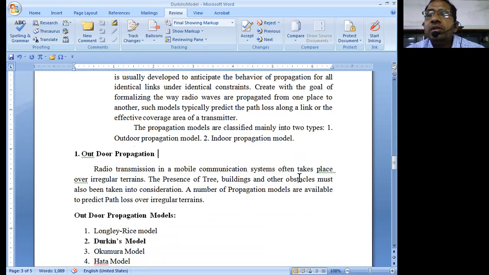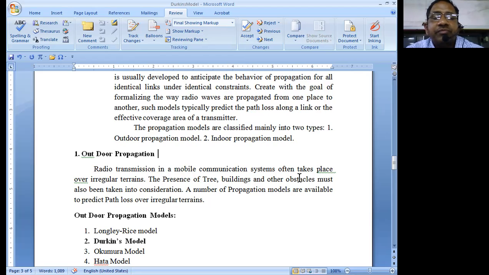Here we link this outdoor propagation model, which is a part of wireless communication, to mobile communication. How? The signals coming out from the mobile station use free space, the radio transmission only. The same is true with reception: the receiving mobile also receives signals through the radio medium only.